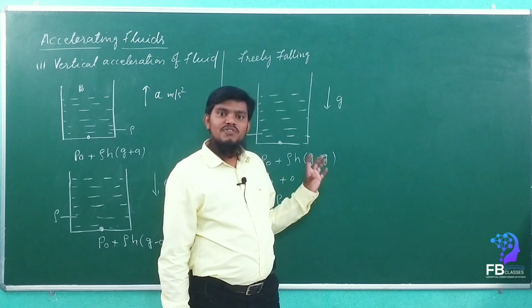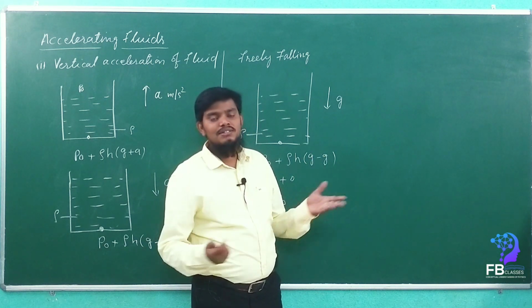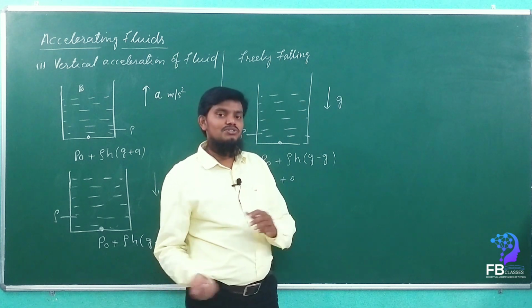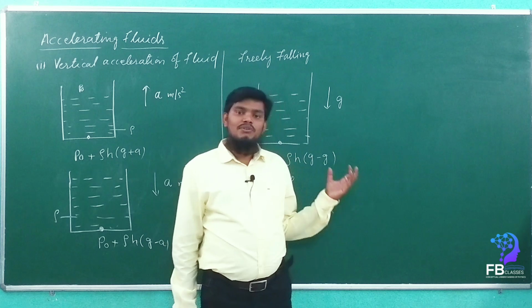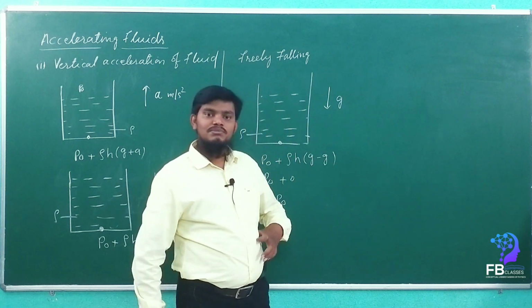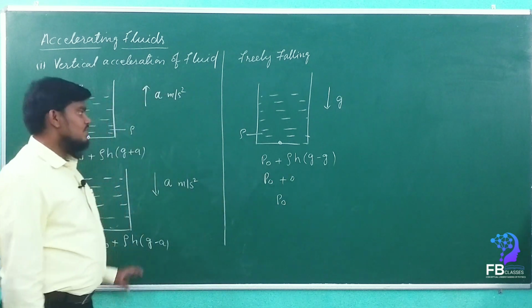When two objects are falling with the same acceleration, the force of one on the other is 0. Yes or no? Many problems we did in kinematics. See, this is the condition.